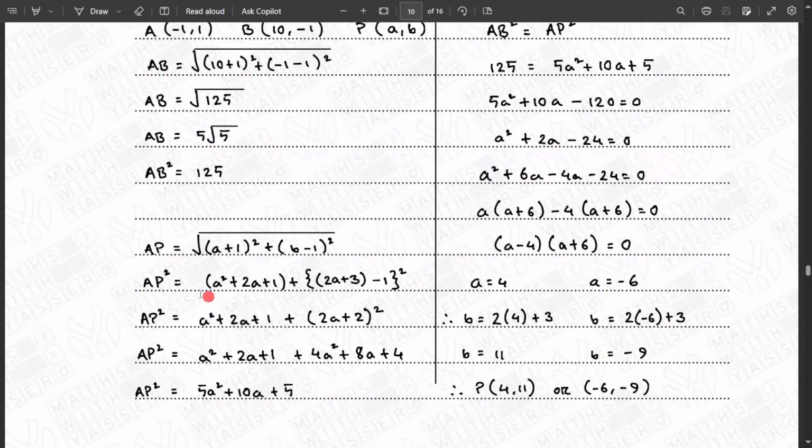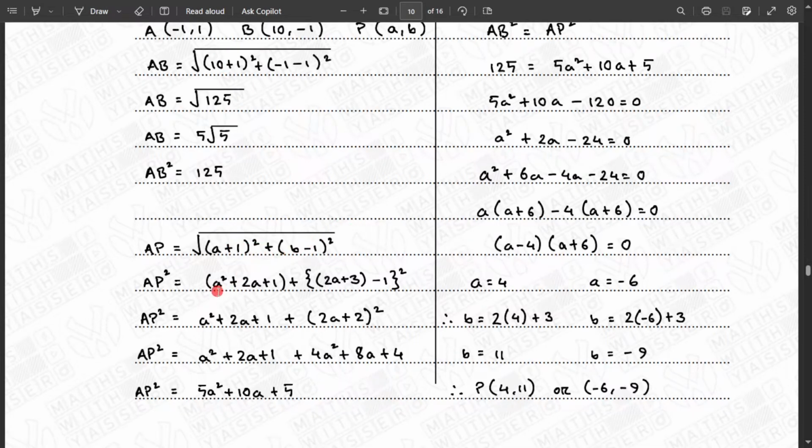Now, in order to find the length of AP, we can write square root of (a plus 1) whole square, again x2 minus x1, so a minus minus 1 will become a plus 1 whole square, plus (b minus 1) whole square.